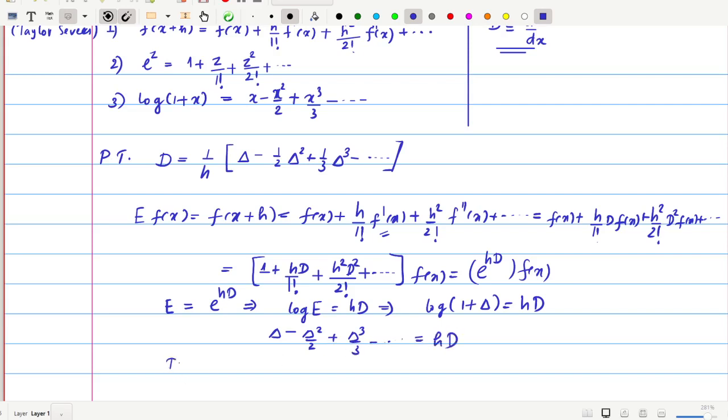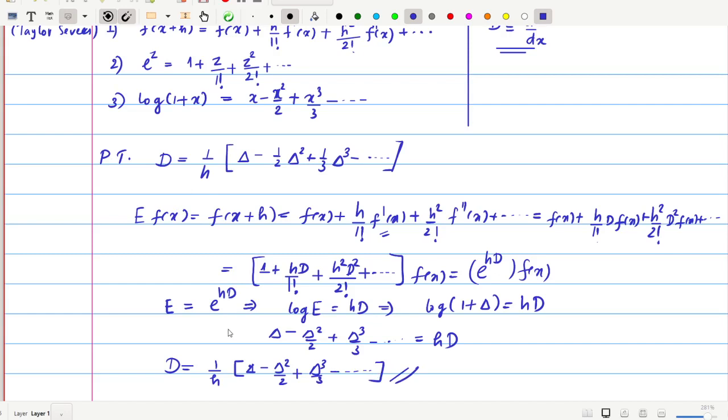Now you can get D is equal to 1 by h times delta minus delta square by 2 plus delta cube by 3 minus etc. Okay, so this proves our required result.